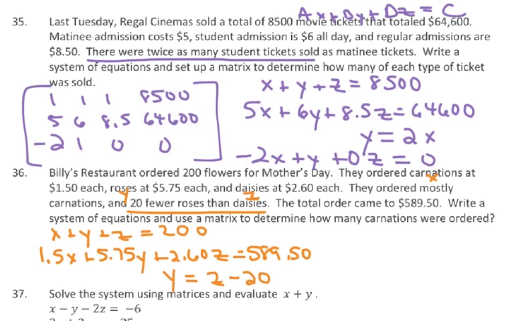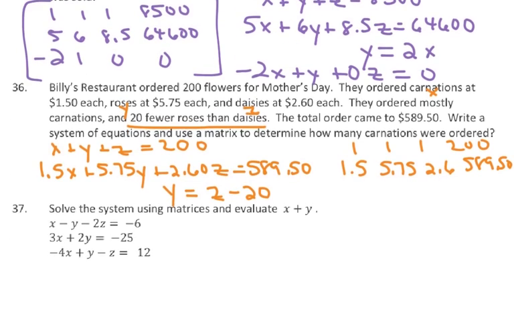So in order to determine the number of carnations ordered, we want to set up the matrix, which is going to be 1, 1, 1, 200, then 1.5, 5.75, 2.6, 589.50. But then we have to put the third equation in the correct format.